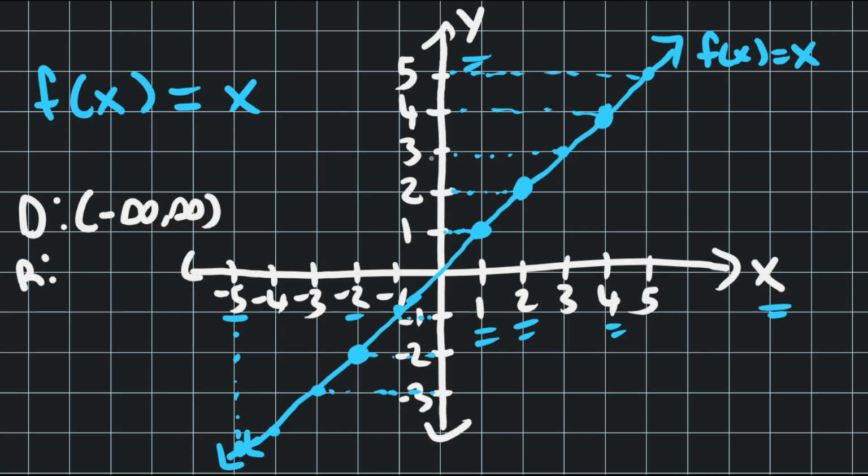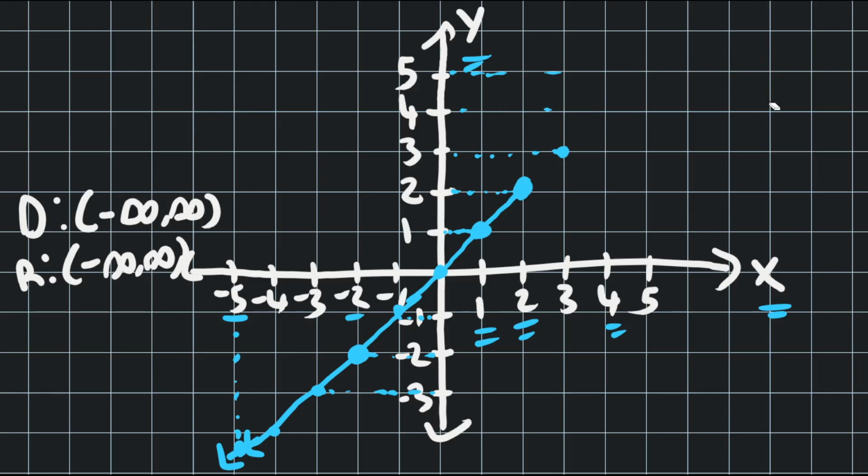So y can be every positive number, it can be every negative number, it could also be 0 right here. So y also has a range of all real numbers from negative infinity to positive infinity. So the domain and the range of f of x equals x, both the domain and the range are all real numbers. Great, now let's talk about an absolute value function.